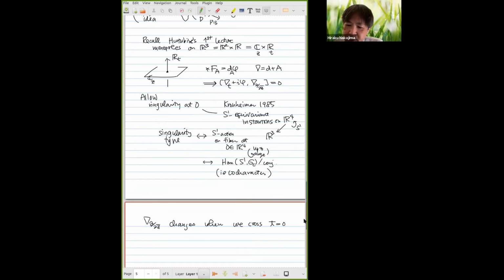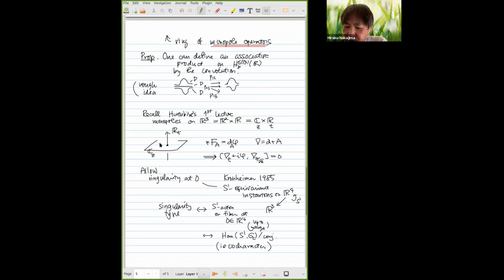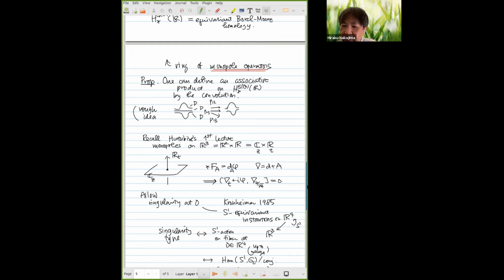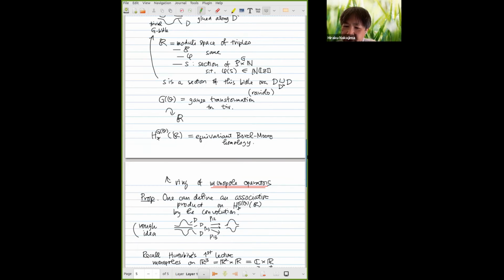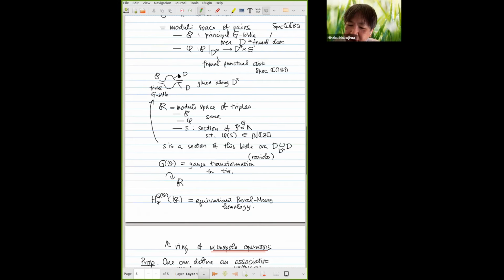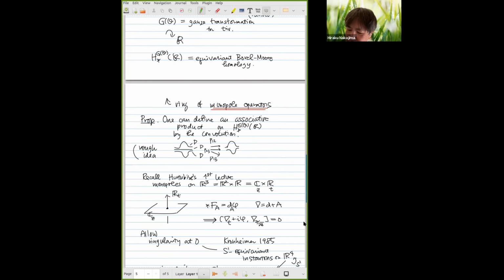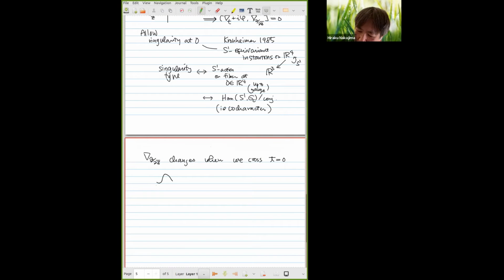You don't need the global analysis. This is a story about a small neighborhood around the origin in C of Z, and time could be just a small number around 0. Then it looks like this picture, right? So this D corresponds to T positive, and this lower D corresponds to T negative.